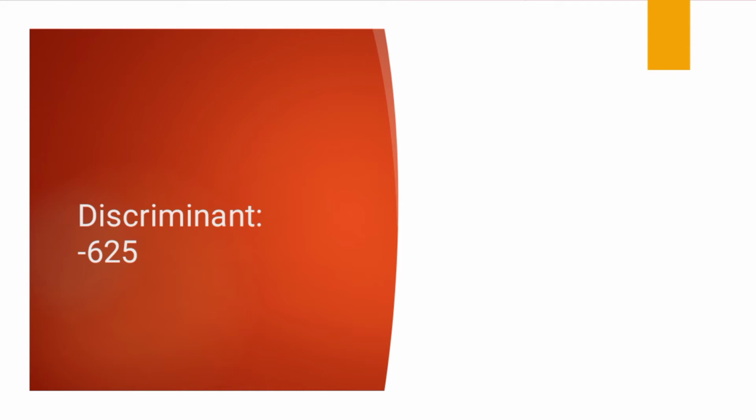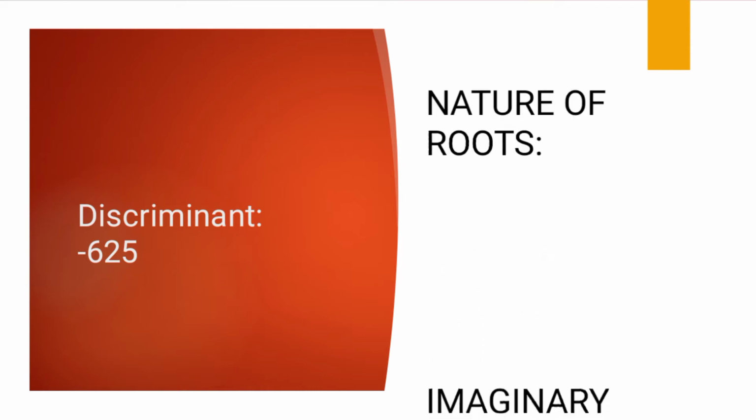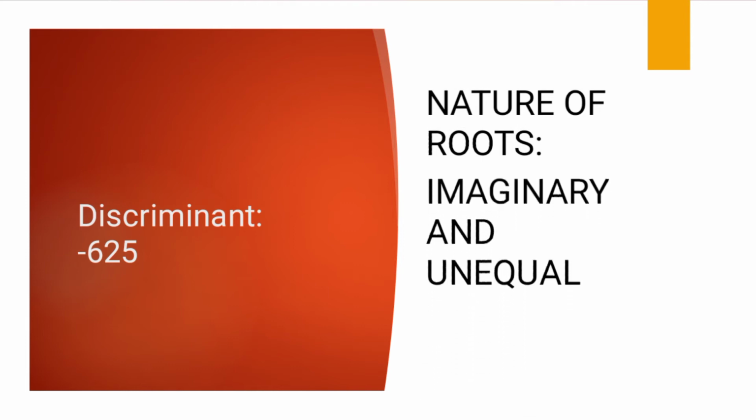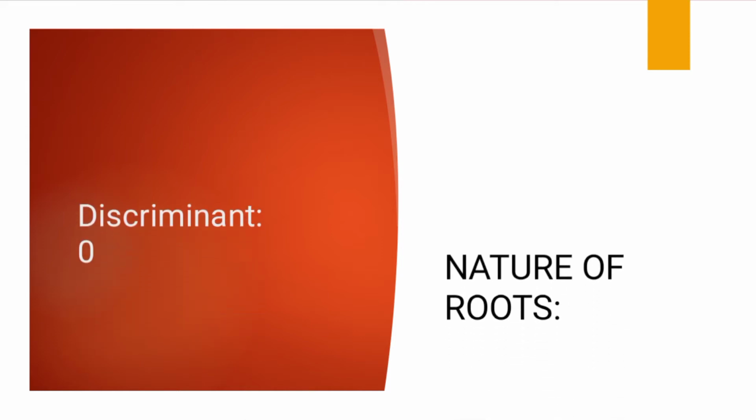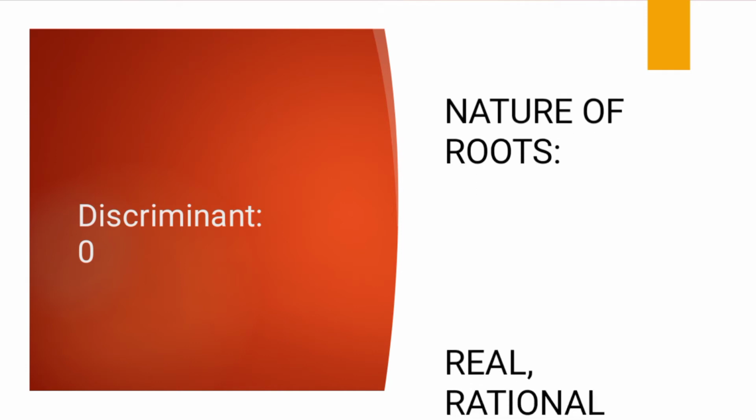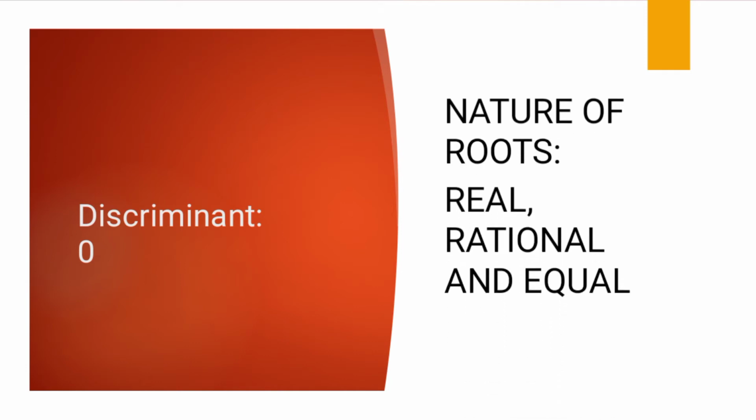So since negative ang discriminant, ang nature of roots niya ay imaginary and unequal. Next, the discriminant is 0. So kapag 0 ang discriminant, ang nature of roots ay real, rational, and equal.